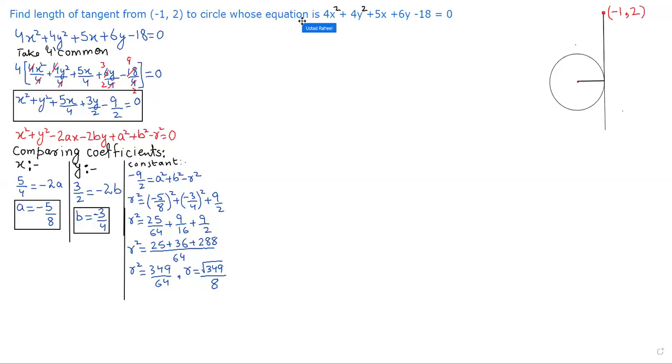So all the values of a, b, and r I have found over here. Now I'm going to use these. This is the center coordinate, minus 5 over 8, comma minus 3 over 4, and this is the radius, as you can see.